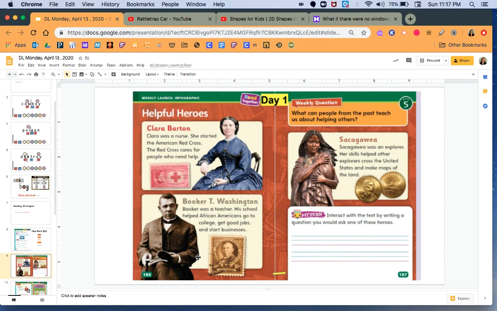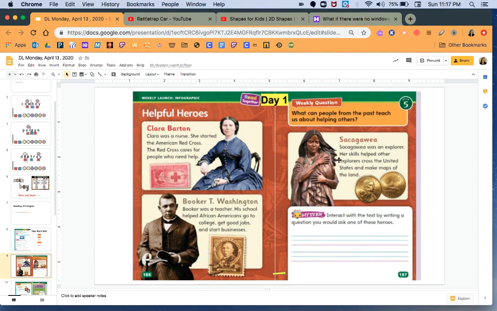And Booker T was a teacher, and he helped people who had a harder time finding good jobs and starting businesses because of the bad laws. He helped those people find jobs, and he was a really brave, very intelligent man.